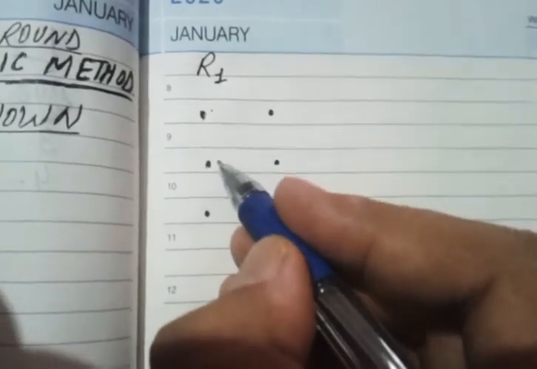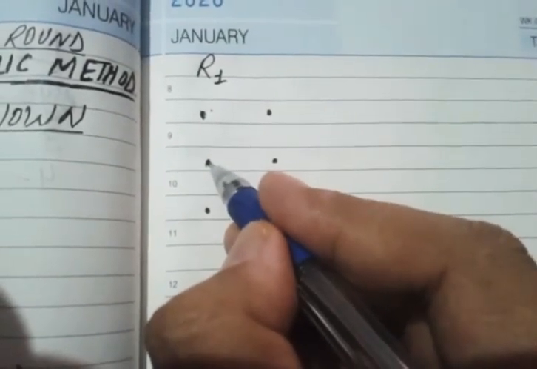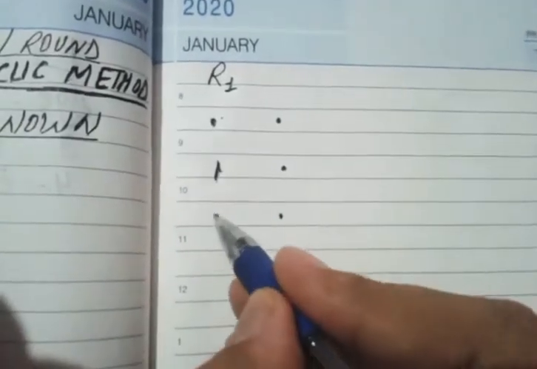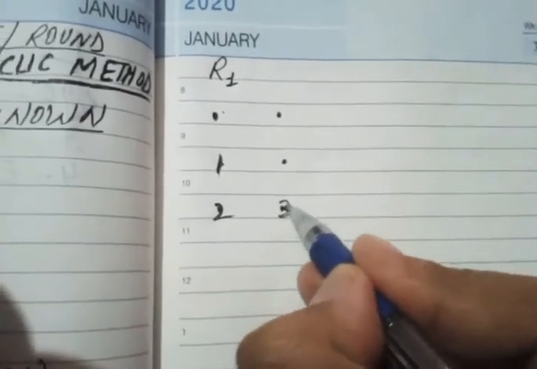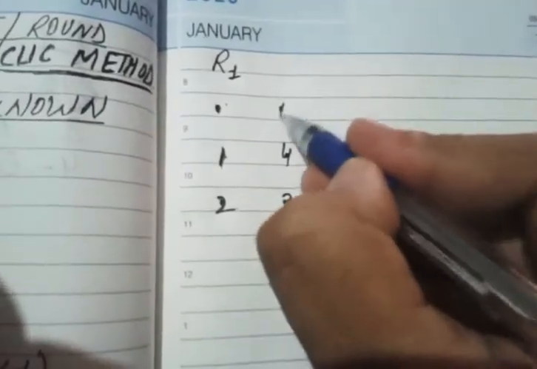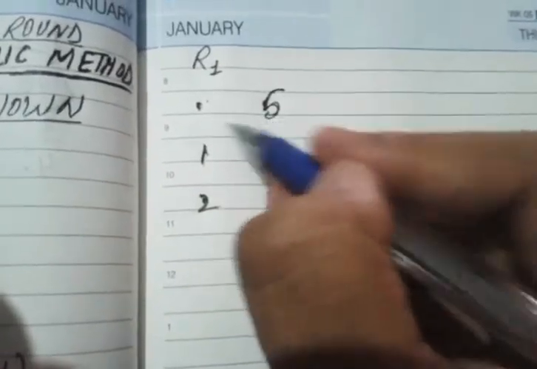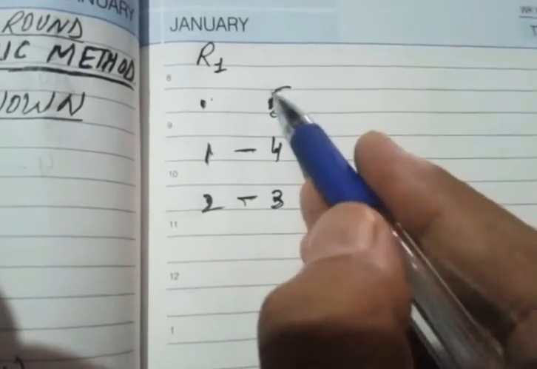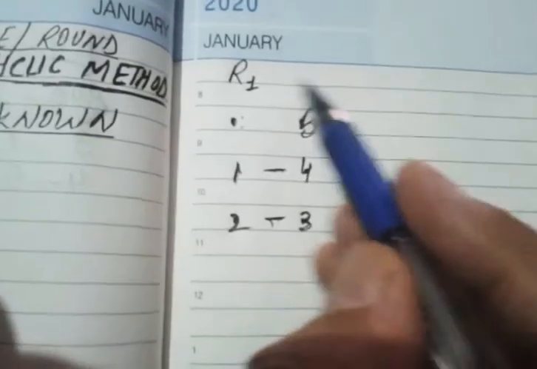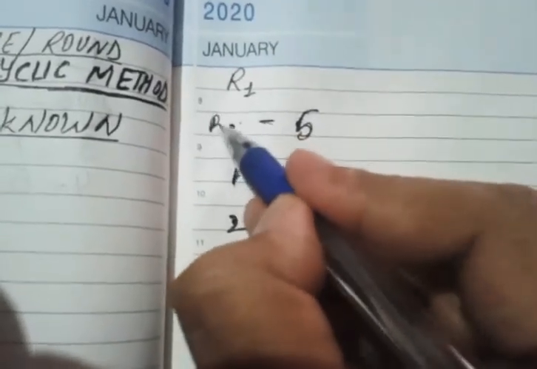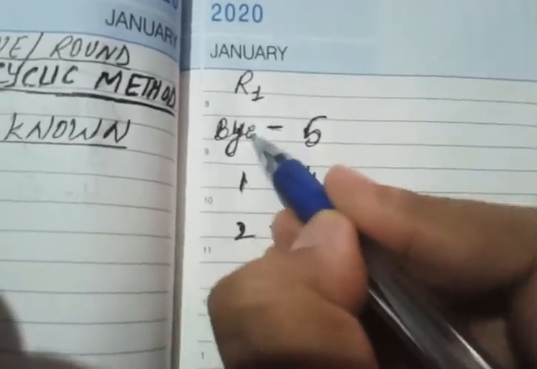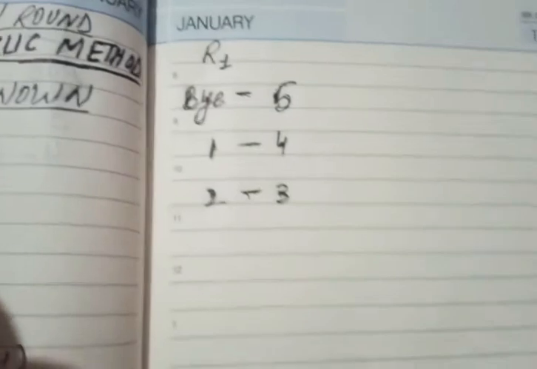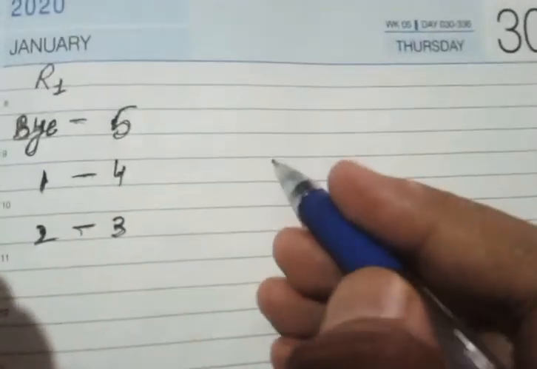You have to arrange teams like this in an anti-clockwise direction, but you have to leave the first place in odd cases, and that is for the bye. I will fix the bye there at the first position, right? This is the bye. So it shows that in round 1 we have the matches between 1 and 4, 2 and 3, but team number 5 has a bye there, right?